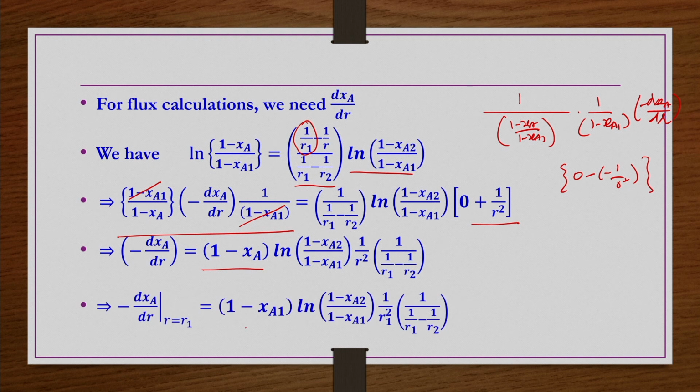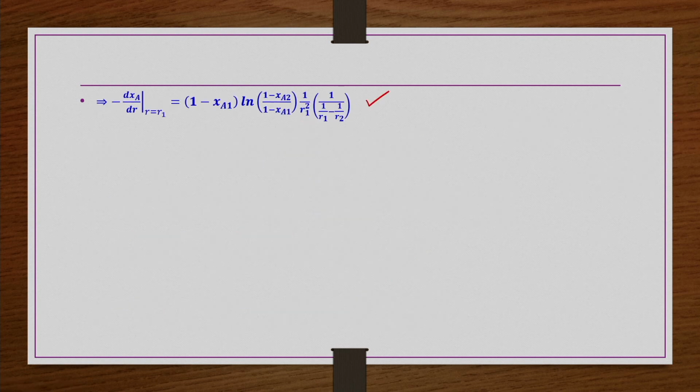So, when you do it at r is equal to r1, xa is nothing but xa1, and r is nothing but r1. The rest of the terms are as they are. So, this is what we get, minus dxa by dr at r is equal to r1. Now, the flux NAR at r is equal to r1 is nothing but minus C dAB divided by 1 minus xa1 times dxa by dr at r is equal to r1, because we are calculating this flux at r is equal to r1.